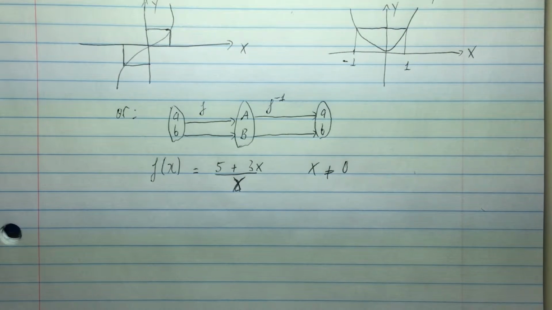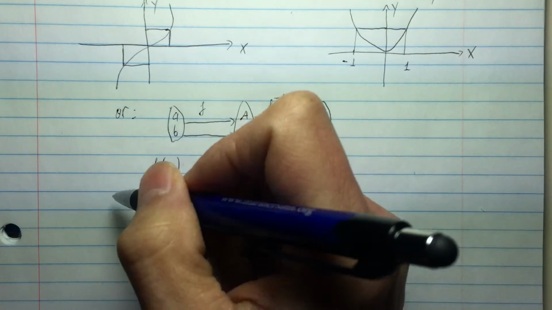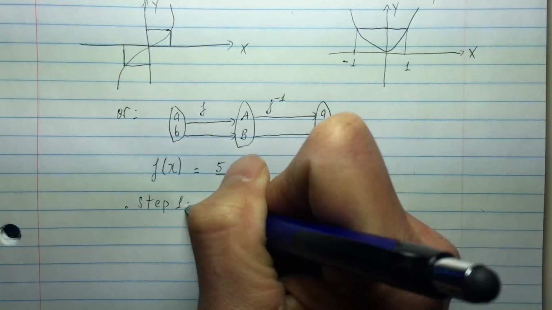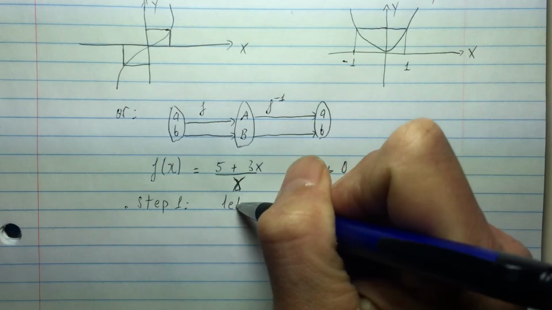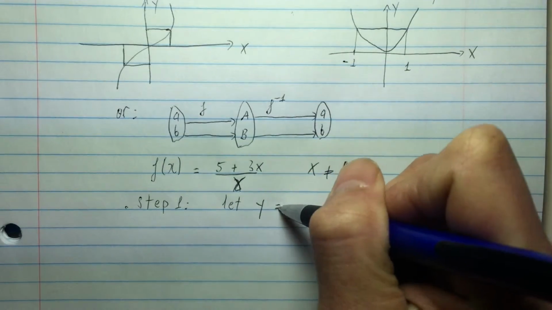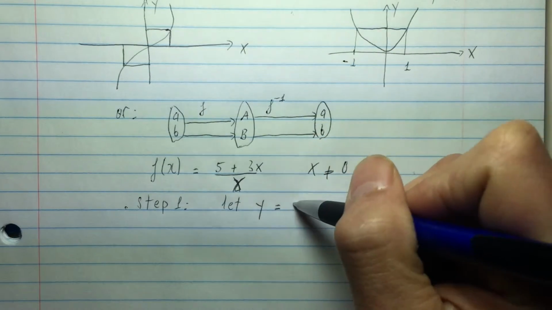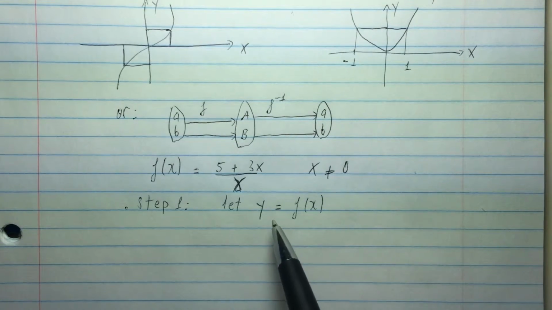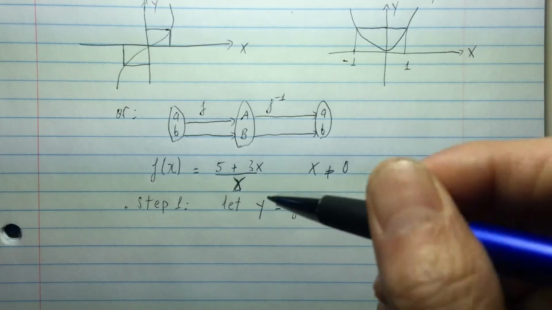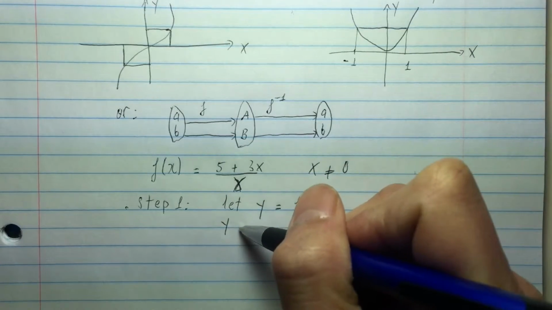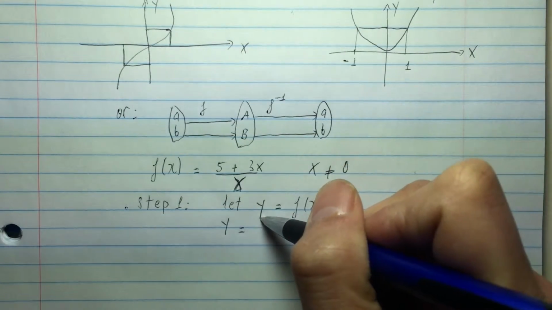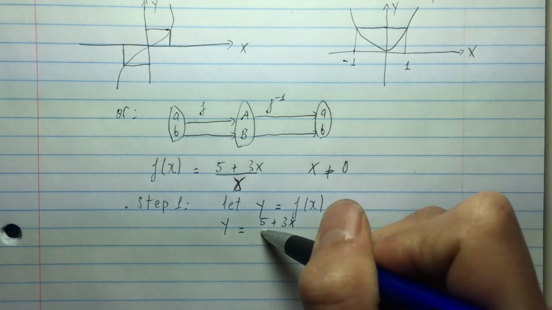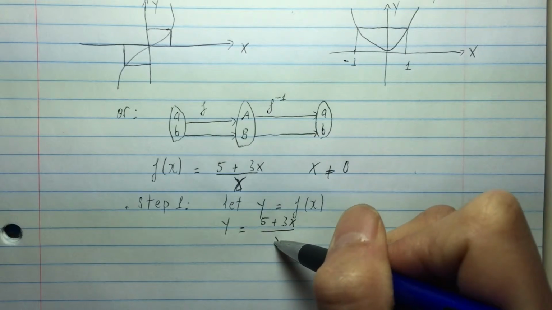To find the inverse, you have to follow steps. Step 1, let y equal f(x). So now you substitute y in here. So y equals (5 plus 3x) divided by 4x.